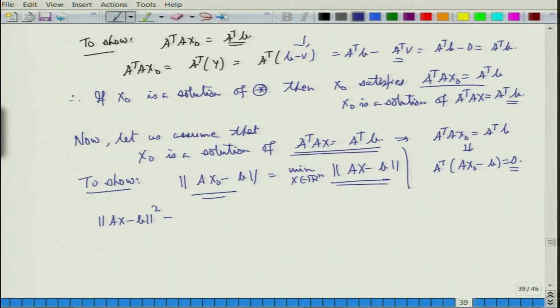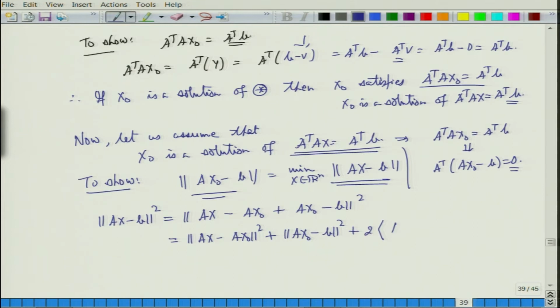So, let us look at norm of Ax minus b, this whole square, be careful. So, we are going to write it as norm of Ax minus Ax naught plus Ax naught minus b whole square. So, the way we have been decomposing, this will be equal to norm of Ax minus Ax naught whole square plus norm of Ax naught minus b whole square plus, since everything is real here, 2 times inner product of Ax minus Ax naught comma Ax naught minus b.